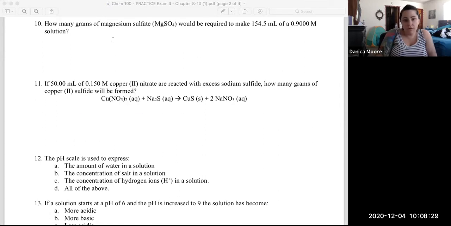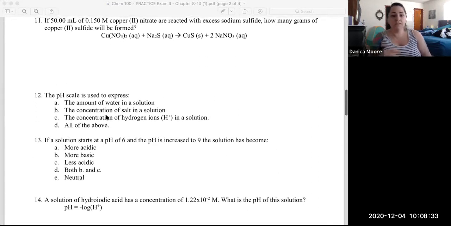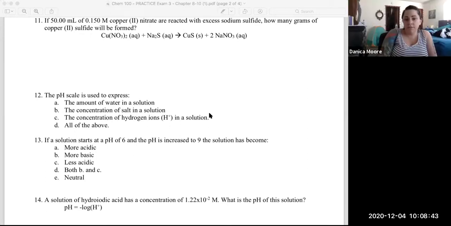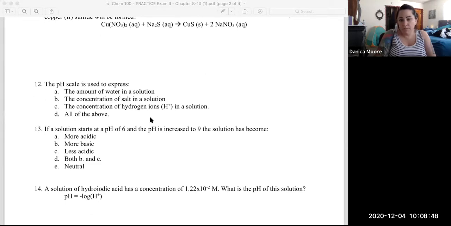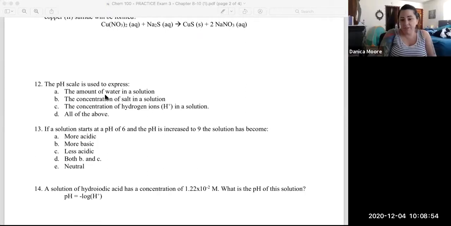So now we have: the pH scale is used to express the concentration of hydrogen ions in solution, right? Everybody with me there? Cool. These other pieces of information are tangential.